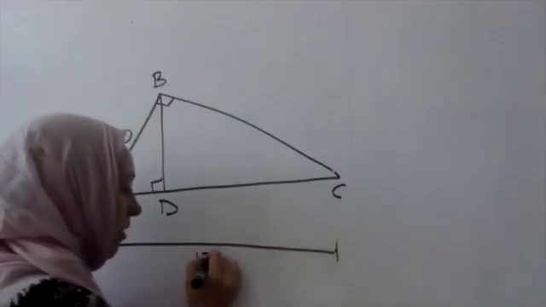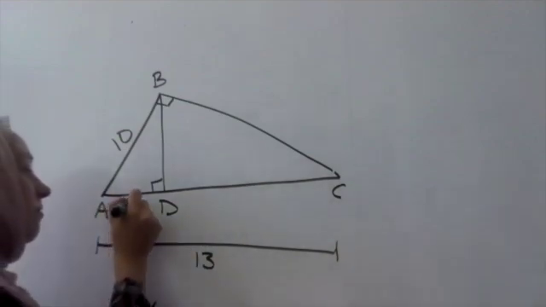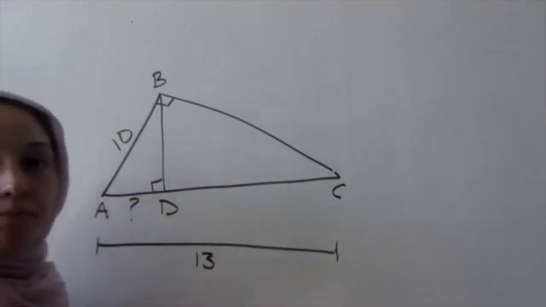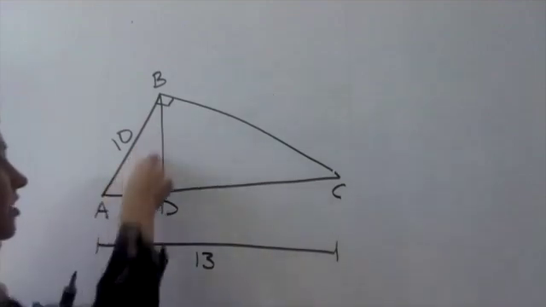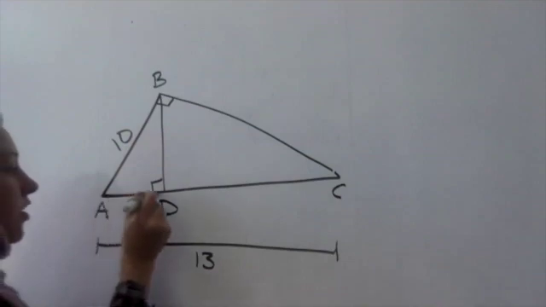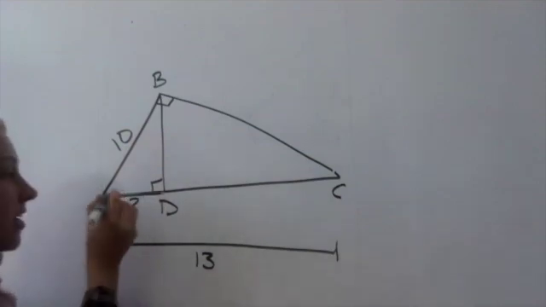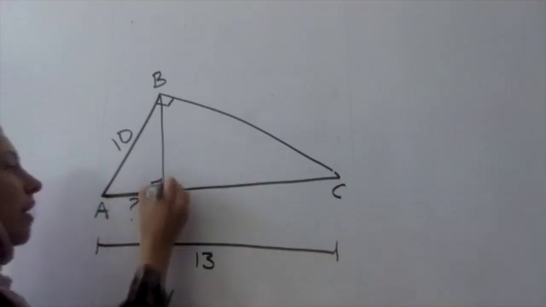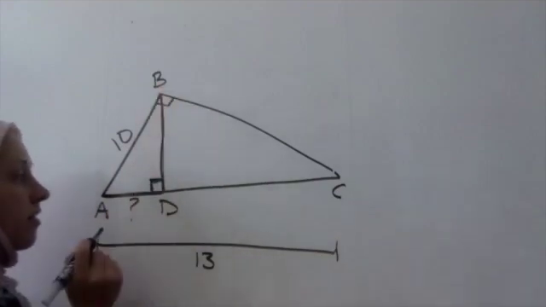Galia, are you with me? Yes, Miss. It wants me to find AB. All right, so let's look at this triangle, because this is the side that I want to find. Is this my short leg or my long leg? This is my short leg.